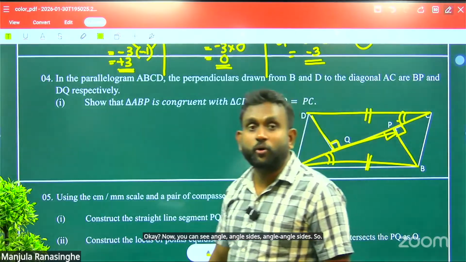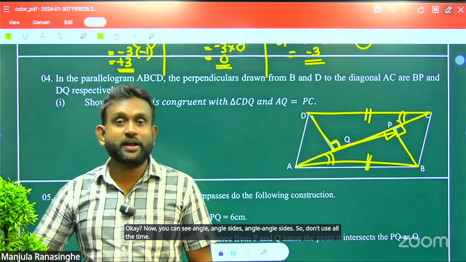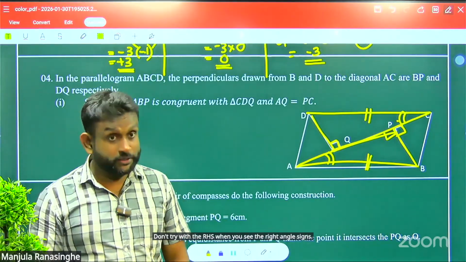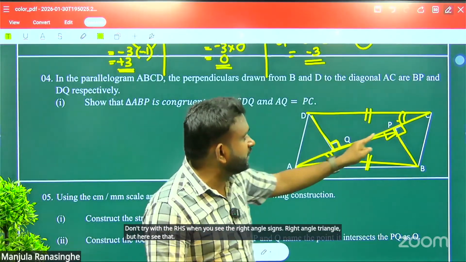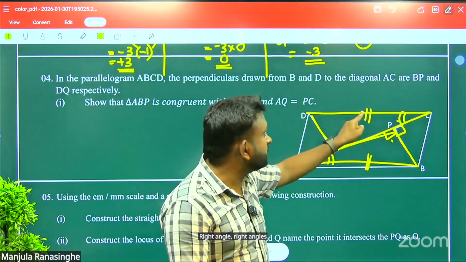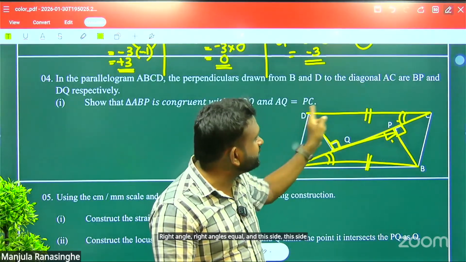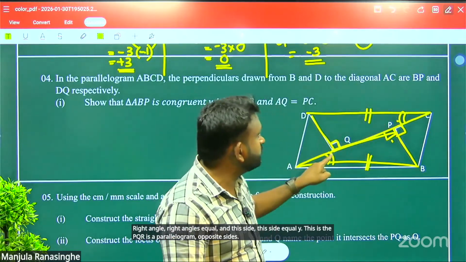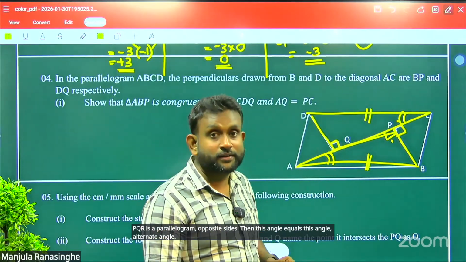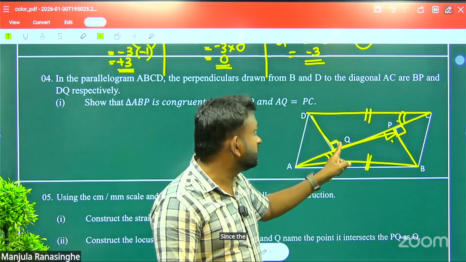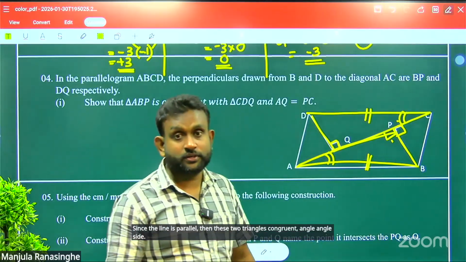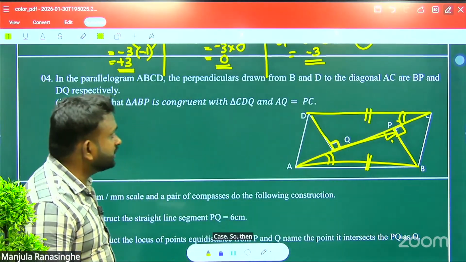Don't use RHS all the time when you see right angle triangles. But here the right angles are equal and this side is equal, since opposite sides of a parallelogram are equal. Then this angle equals this angle, alternate angles since the lines are parallel. Then these two triangles are congruent, by the angle-angle-side case. So then you can prove the other one also, AQ equals PC.